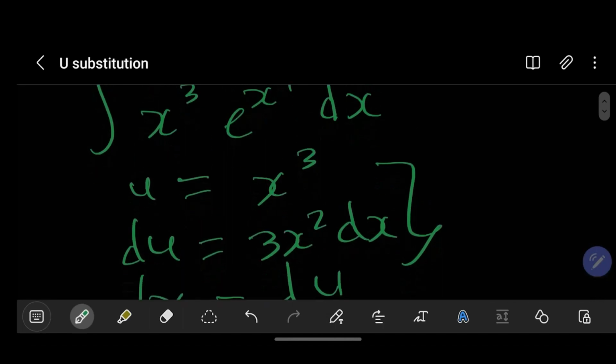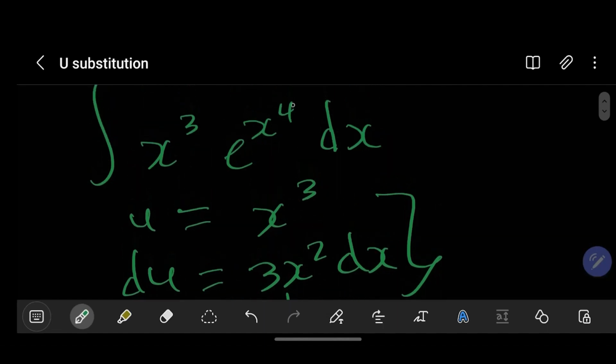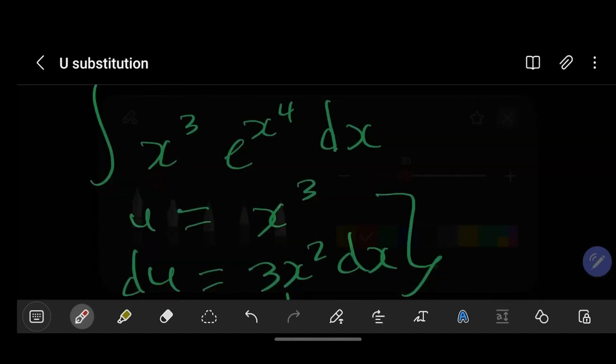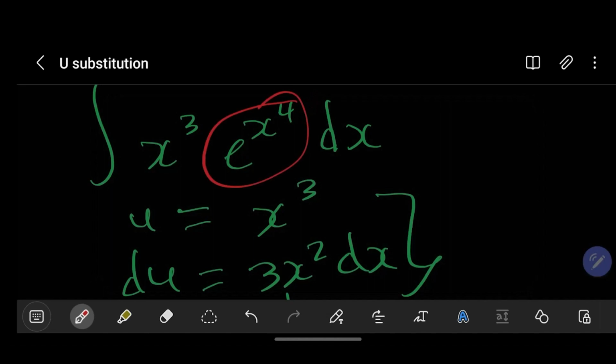Now if we look at this, and evaluate it just by looking at it, we can see that we will not be able to cancel out the x in e to the x to the 4, meaning we will still have a term with x in it even when we get to the step of evaluating this integral.